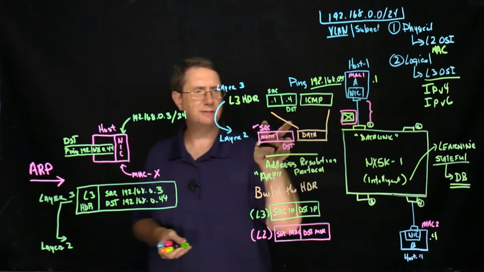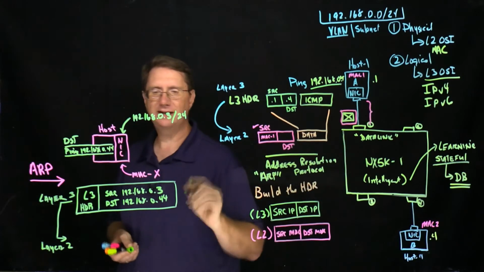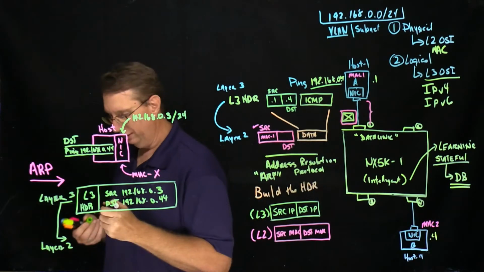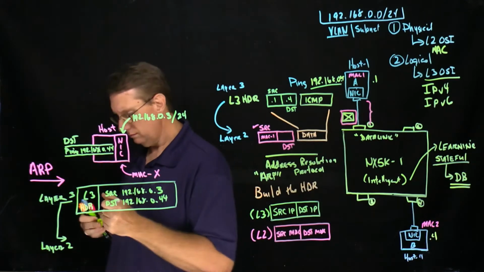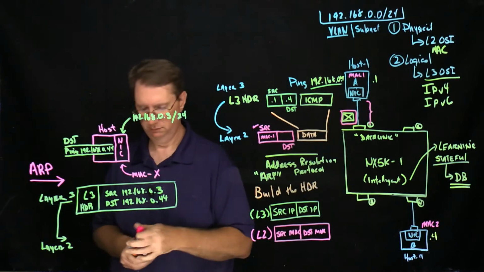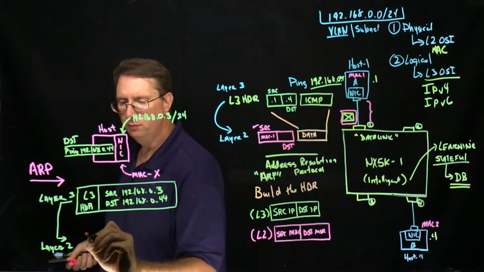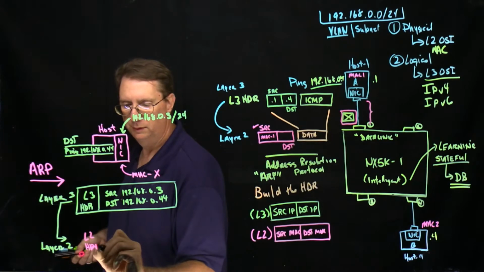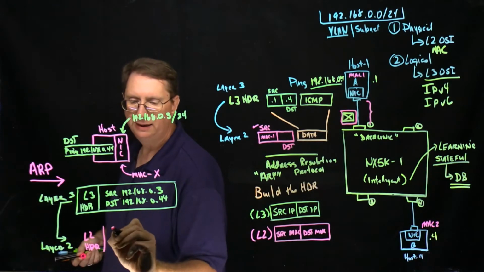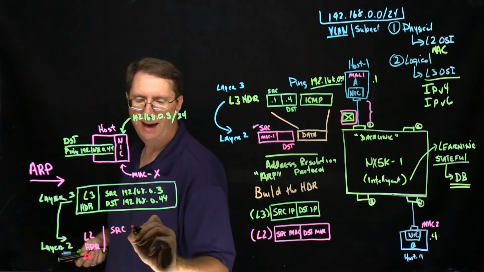Now, we've already talked about the problem that I need to be able to build that layer 2 header. In fact, I'll change pen colors just to keep things clear. I'll use the red. To build my layer 2 header, I need a source MAC address.